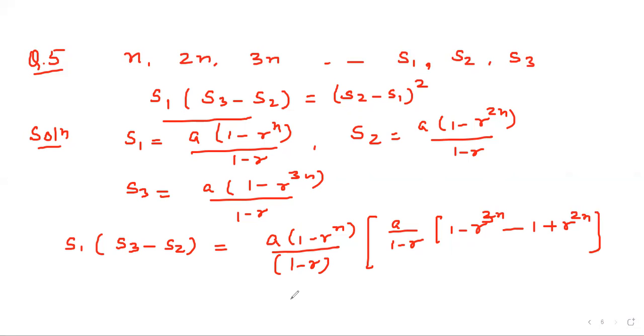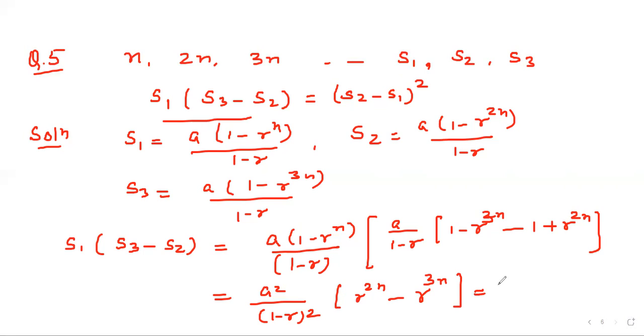So 1 will cancel out, and we will get a square upon 1 minus r whole square times r power 2n minus r power 3n. And we can take common r power 2n from here.